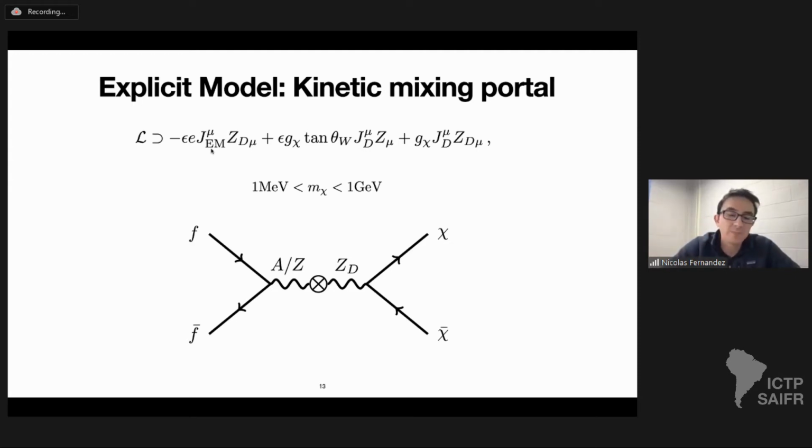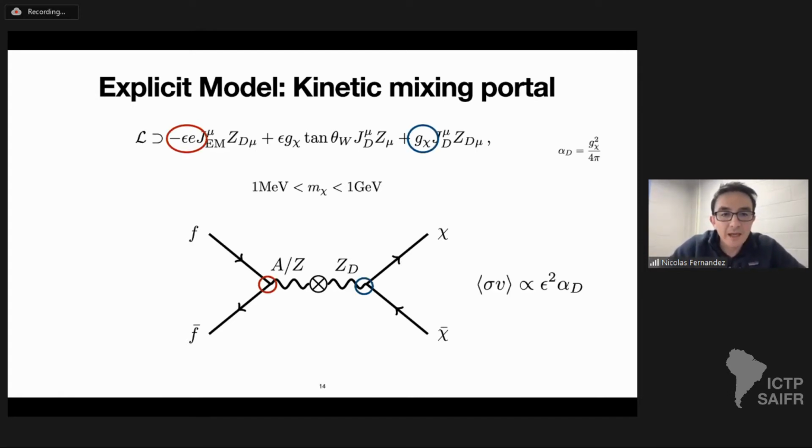For less than 1 MeV, I'm not going to take the plasma decay into account, but it's a safe assumption to disregard the plasma decay up to 1 MeV.